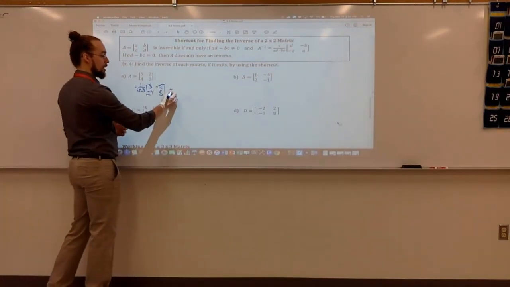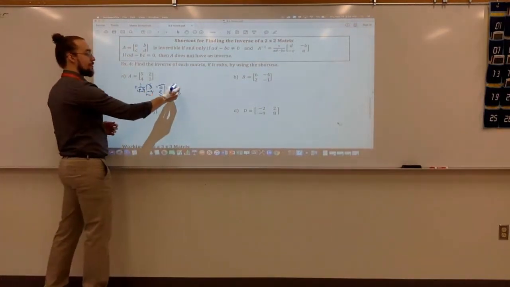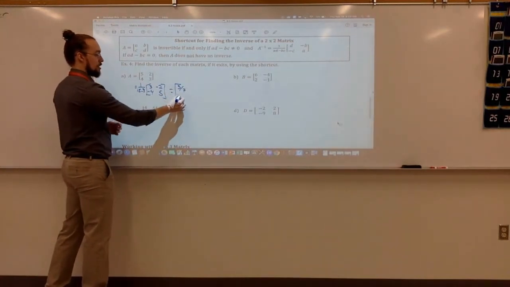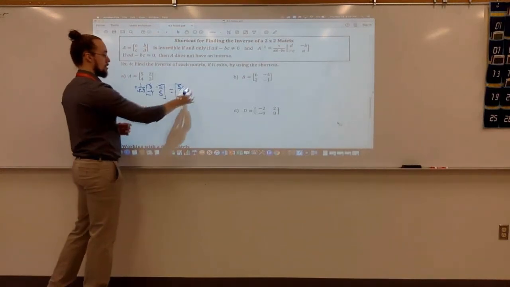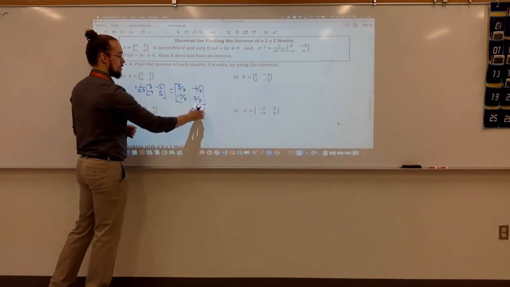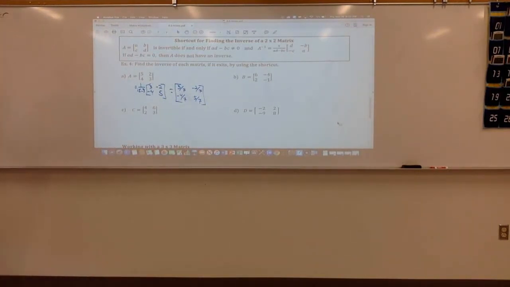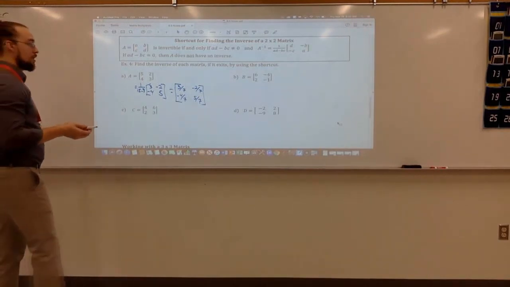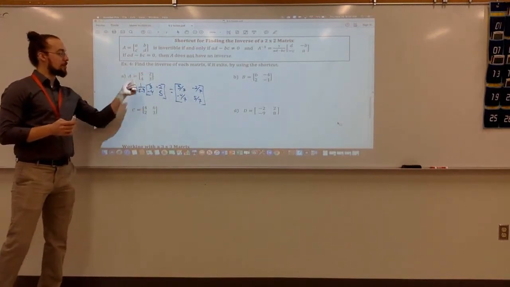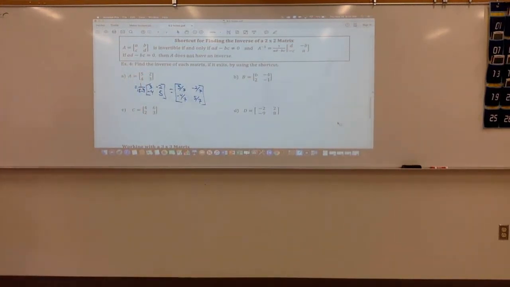So if I'm multiplying each of these entries by 1/7, this is going to end up being 3/7, -4/7, -2/7, 5/7. Okay, so this shortcut is just switch entries A and D, take the opposite of B and C, and then multiply the whole thing by 1 over AD minus BC.